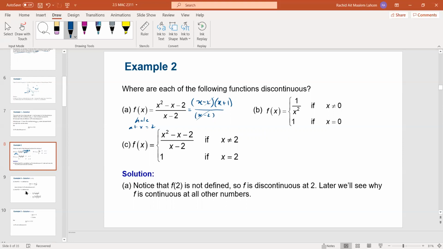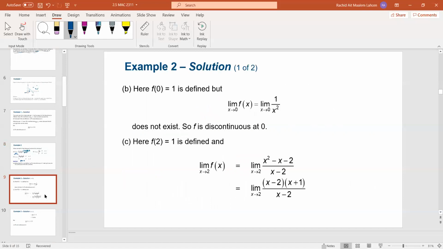And this one, similarly, it's defined, f of 2 is 1, right? But you have here, if you do this similarly to A, so let's show it here.